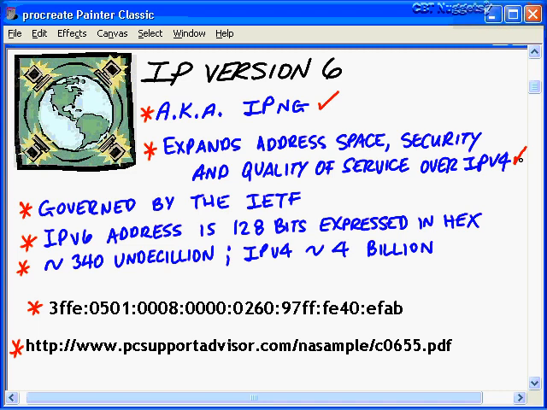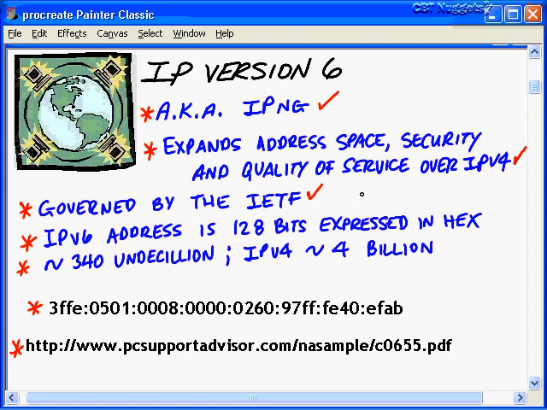Bottom line, with quality of service, you can just do a whole lot more with that particular IPv6 address. There's a lot more space, a lot more fields to control and manage how that particular address is used and moved. It's governed by the Internet Engineering Task Force, IETF.